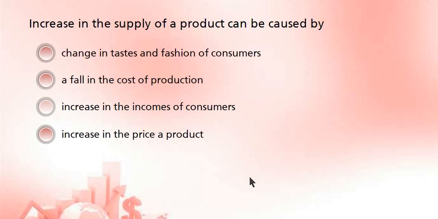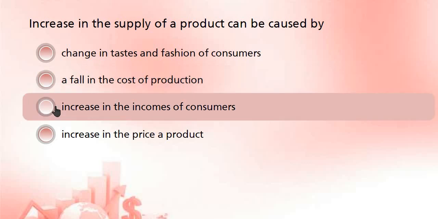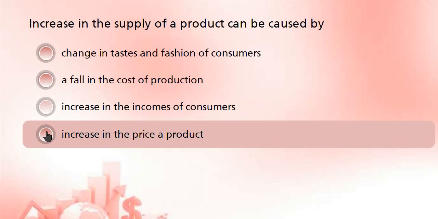Alright, question 13 says, increase in the supply of a product can be caused by A, change in taste and fashion of consumers, B, a fall in the cost of production, C, increase in the incomes of consumers, D, increase in the price of a product.